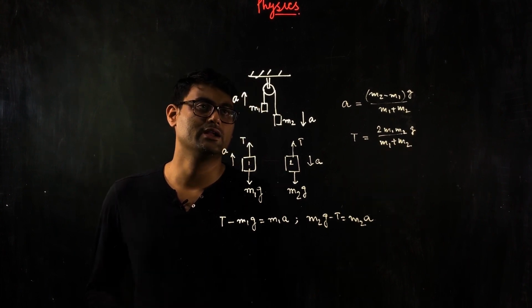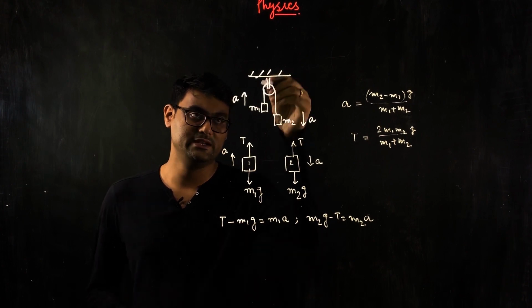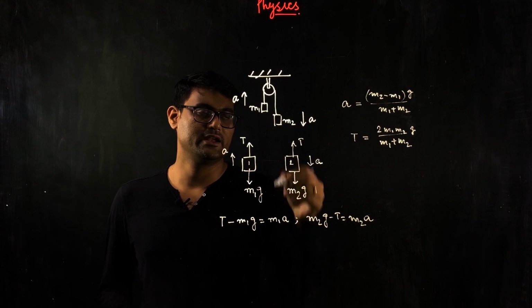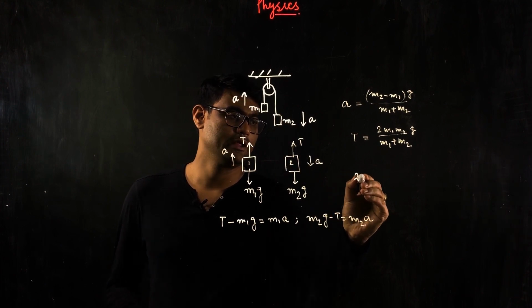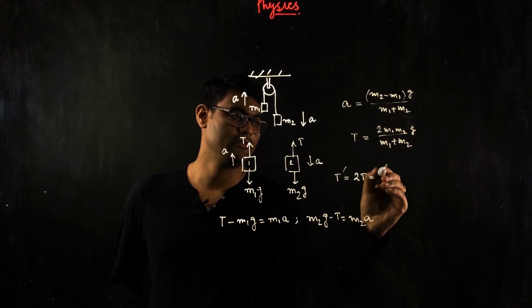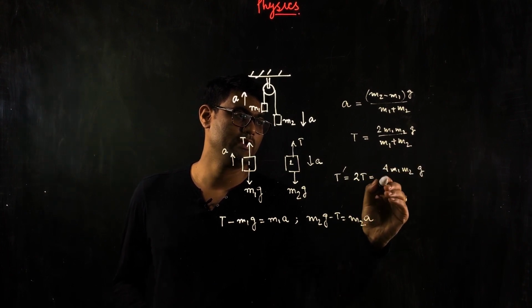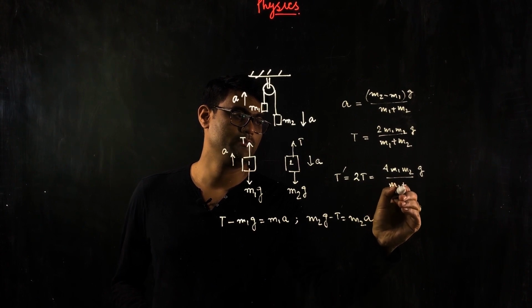If I have to calculate the tension on this upper string, which is connected between the ceiling and this pulley, definitely the tension will be 2T. Suppose this tension T prime equals 2T, that will be 4 M1 M2 into G divided by (M1 plus M2).